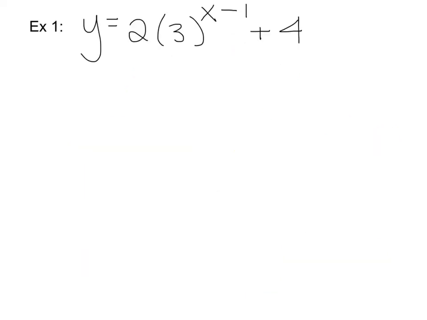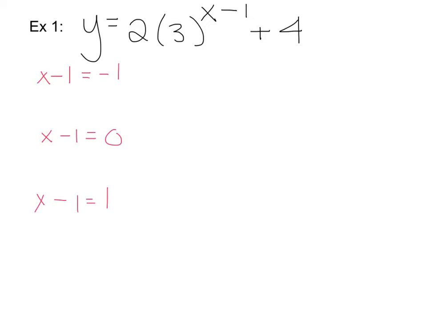Let's look at our first example. y equals 2 times 3 to the x minus 1 power plus 4. The easiest way to do these problems is to take the exponent, which is x minus 1, and find out what value makes it equal negative 1, what value makes it equal 0, and what value makes it positive 1.